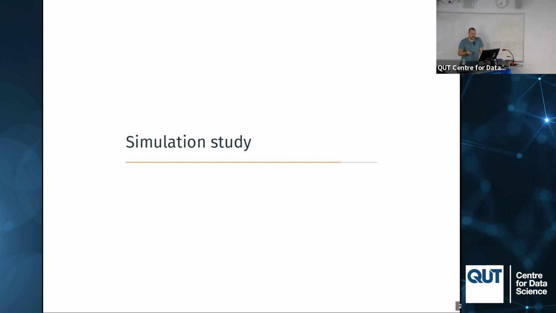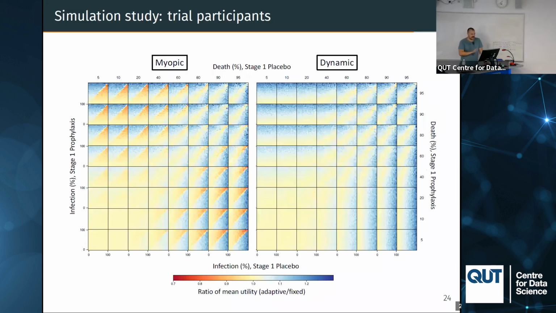So we did this simulation study. There's a lot there, but I'll go through it. So what we have here is the ratio of the mean utilities for patients who were on an adaptive trial compared to on a fixed trial.